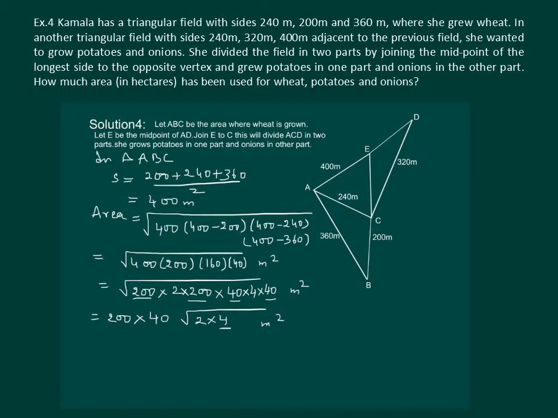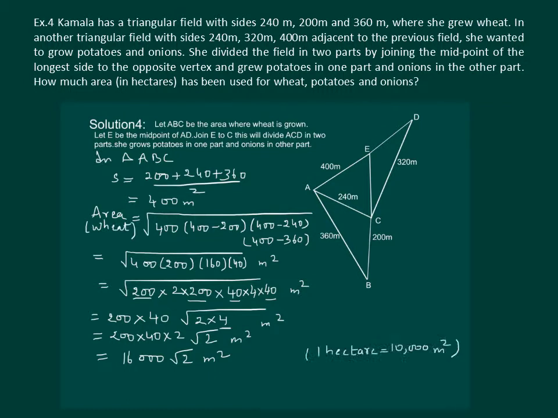Again from the 4 we can take out 2. So 16,000 root 2 meter square is the area where wheat is grown.